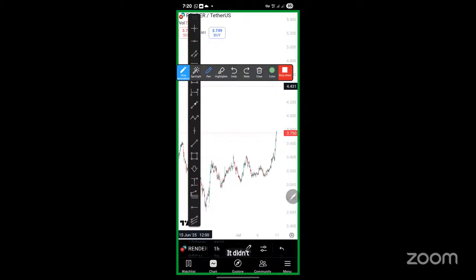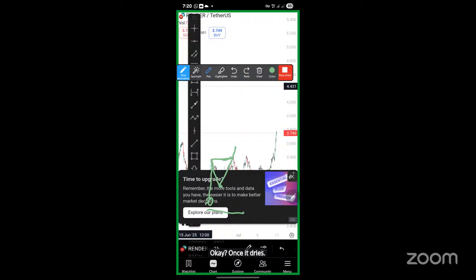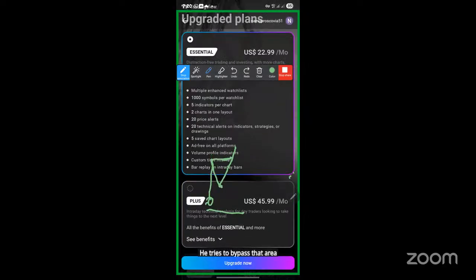It came here, it moved up to this point, it comes back here, doesn't take out this low, it remains within the range. So it comes here, it tries to bypass this area.